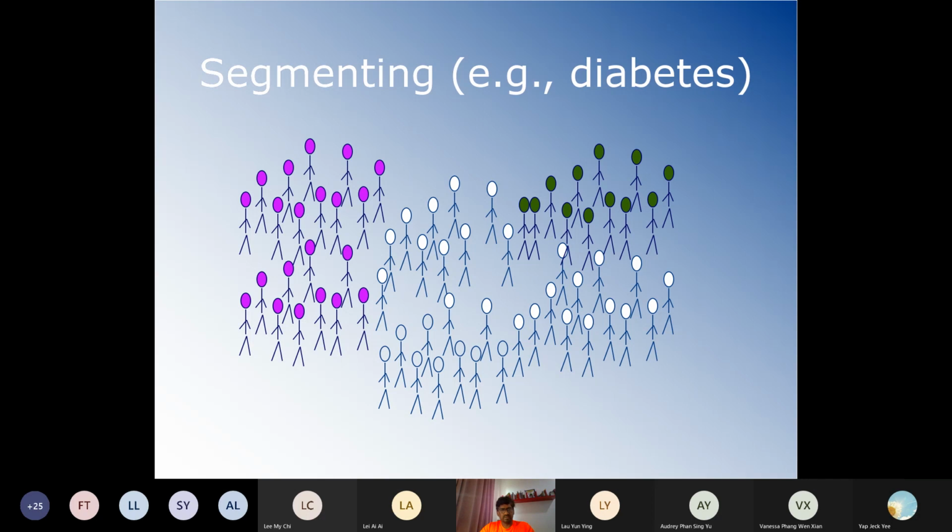Now, segment your potential market by dividing it based on some characteristics, and thereby, as you see in the picture, smaller groups have been made. These smaller groups, you can see the different colors are used to represent that the smaller groups share commonalities among them, means there are similarities among them. So a group looks in the same color, pink, white, and green.